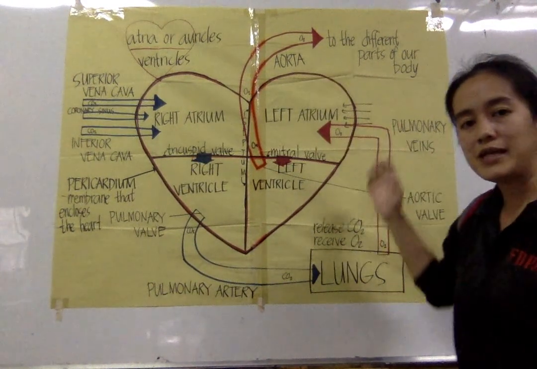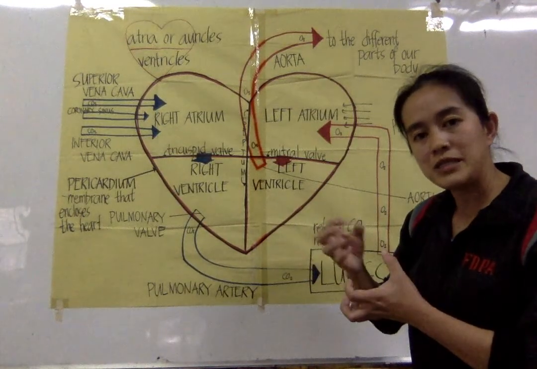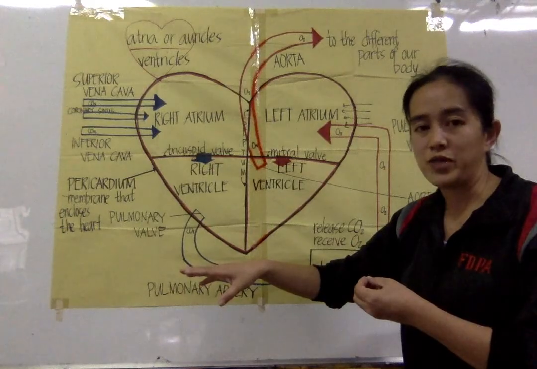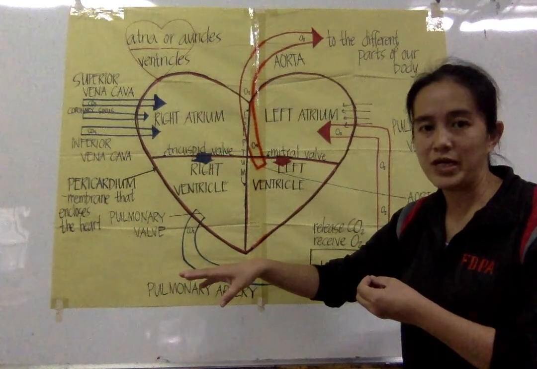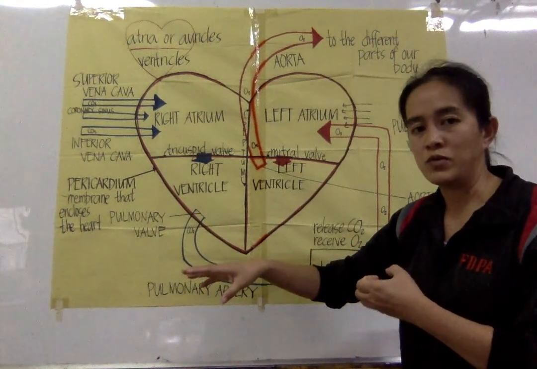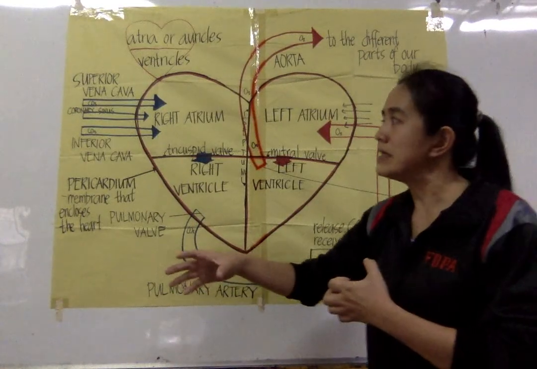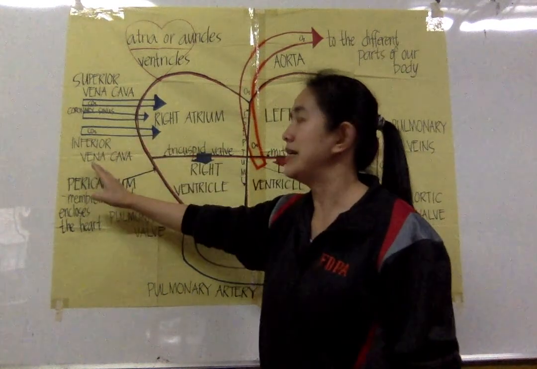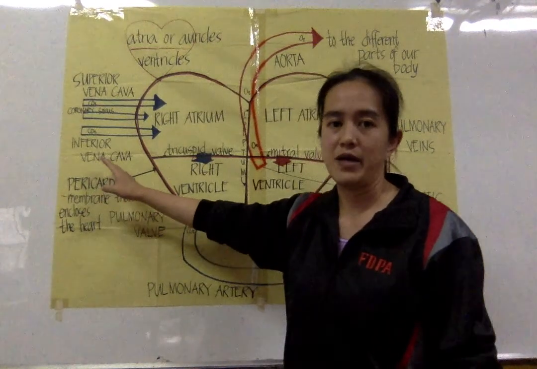From the different cells, the cells will now use the oxygen, and they're going to give also the carbon dioxide, which is not needed by our body. So the blood will take that too. So the blood will carry them back to the heart through the superior vena cava and inferior vena cava.